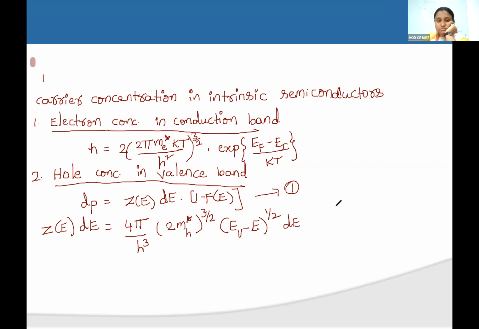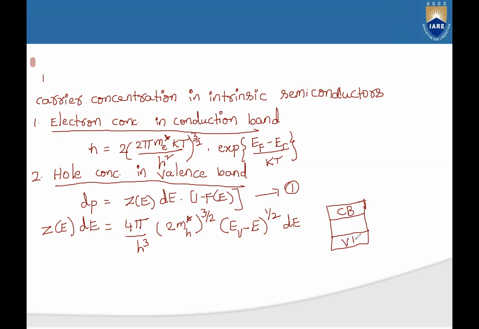When we go back to our energy band diagram, we know that there are two allowed energy bands. The topmost energy band is called the conduction band, and the bottommost energy band is called the valence band, right? We are calculating holes, and holes are present in different energy levels of the valence band. EV is the topmost energy level of the valence band.